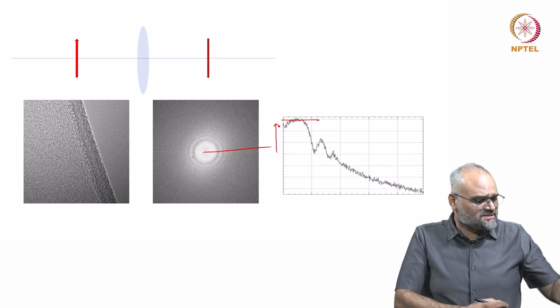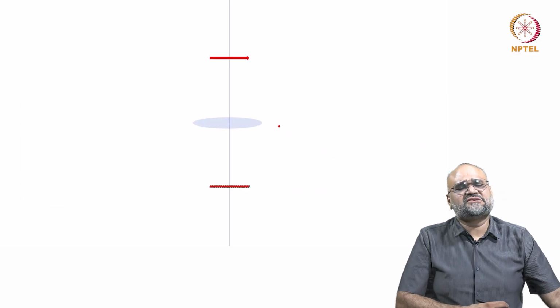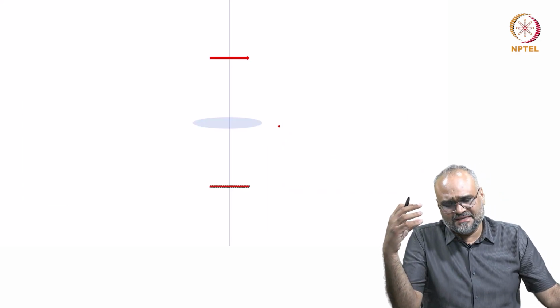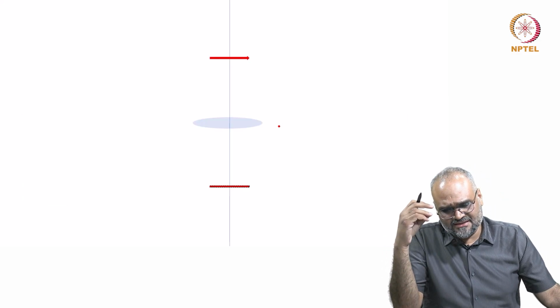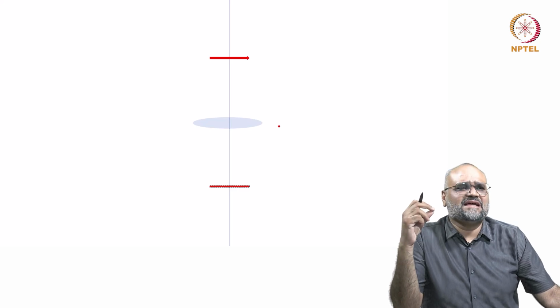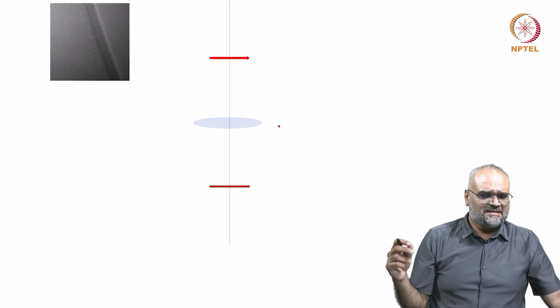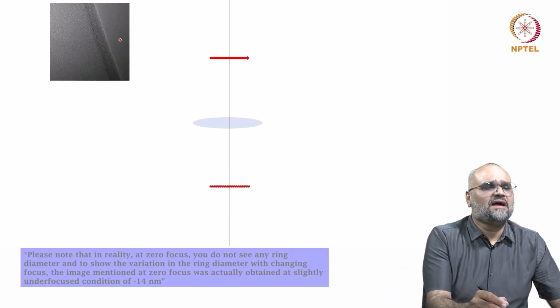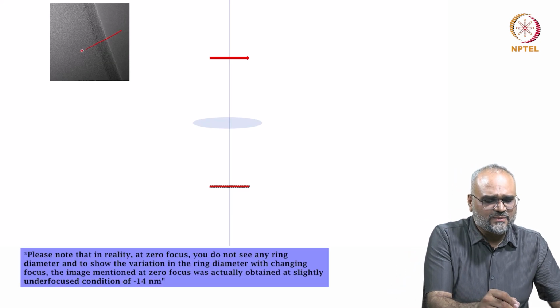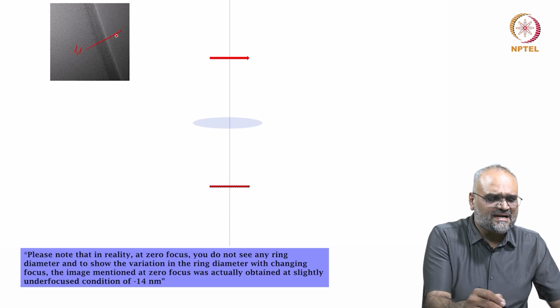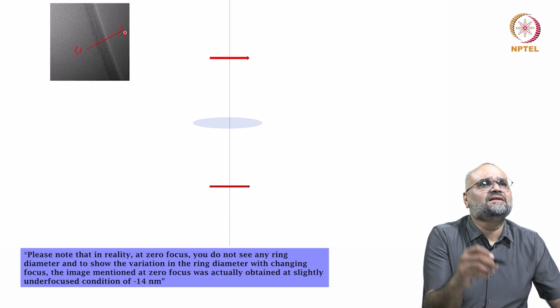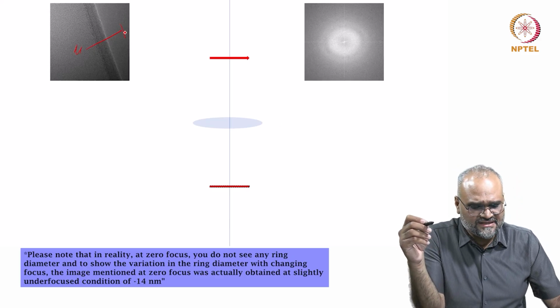If I look at the snapshots of how the defocus has modified my contrast transfer function and has given me a change in the contrast, at zero focus I do not see much difference between this randomly oriented amorphous area and the free space here.